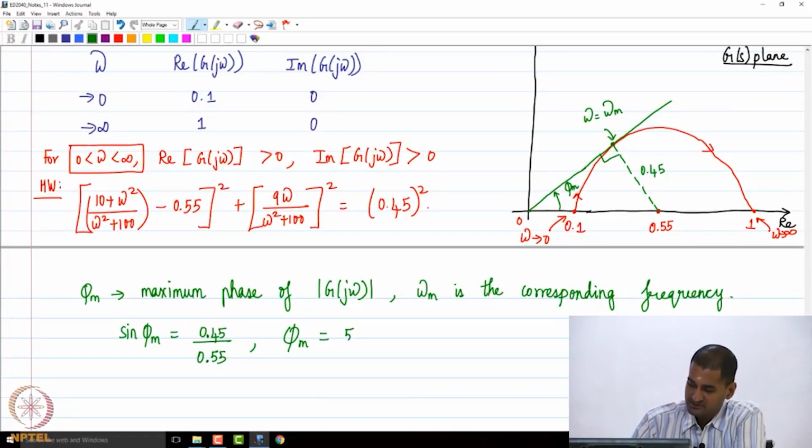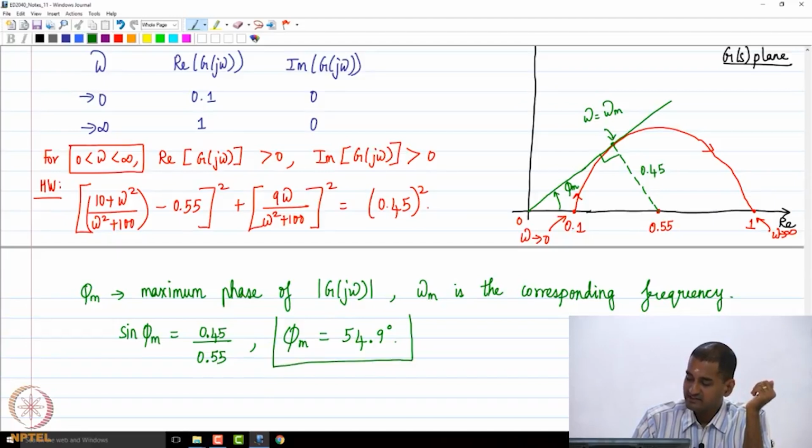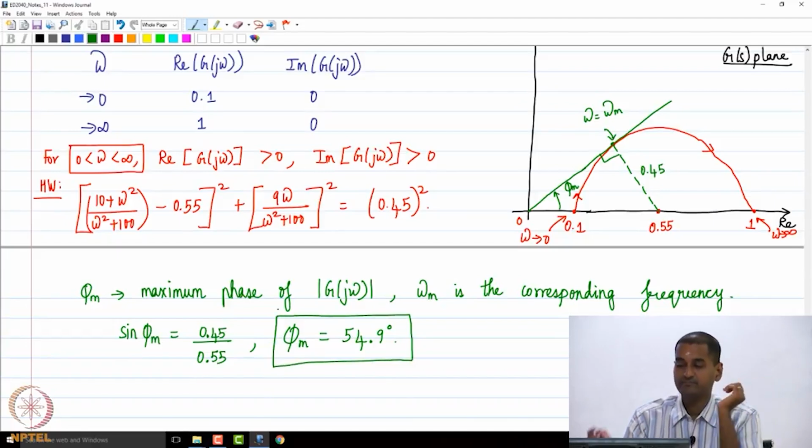So this is 54.9. So essentially you can see that this is the maximum phase that is contributed by this particular transfer function.